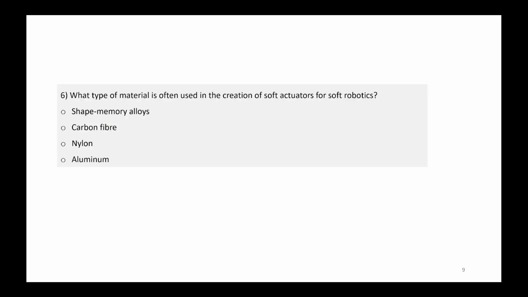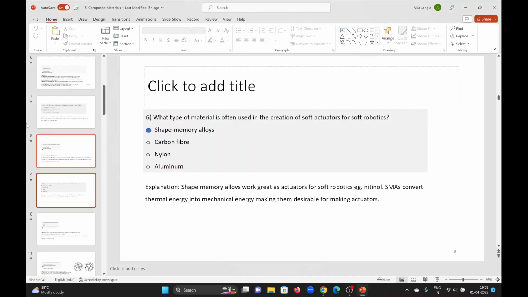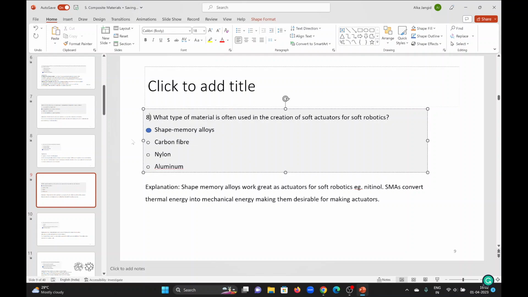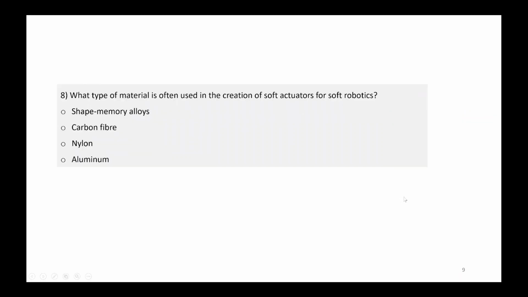Eighth question: what type of material is often used in the creation of soft actuators for soft robotics? Your options were shape memory alloys, carbon fiber, nylon, or aluminium. Your answer was shape memory alloys.